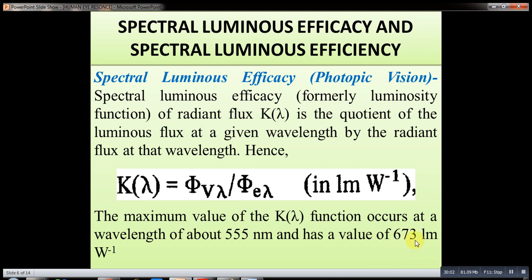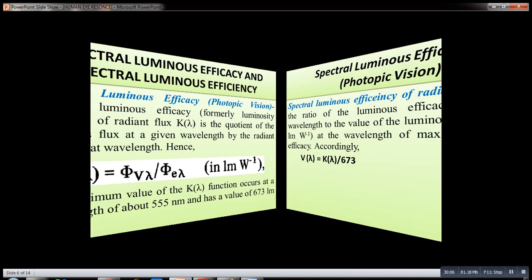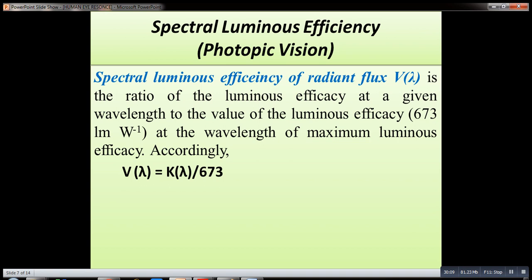Thus, we can calculate the spectral luminous efficiency from this relation.